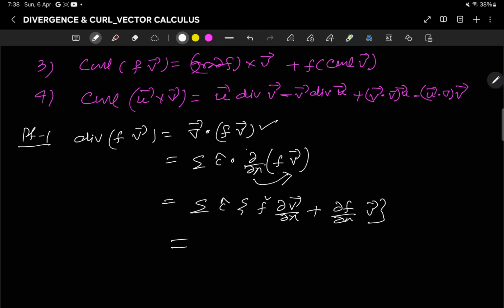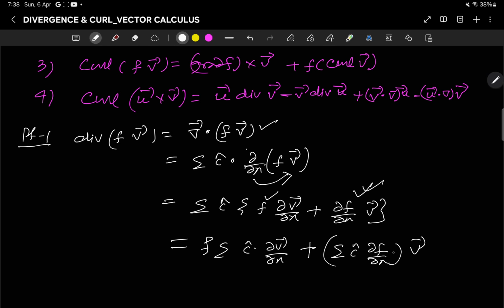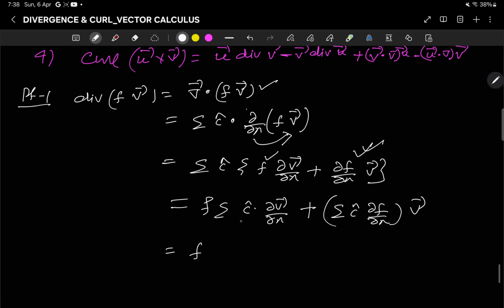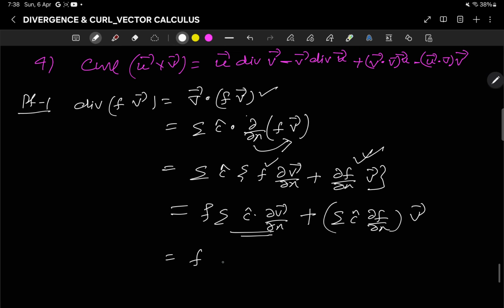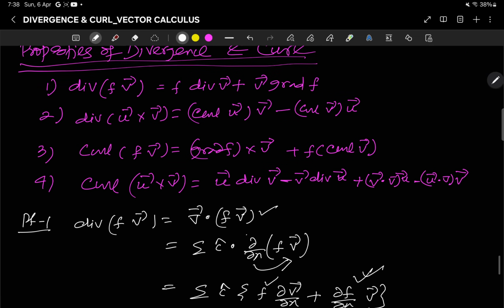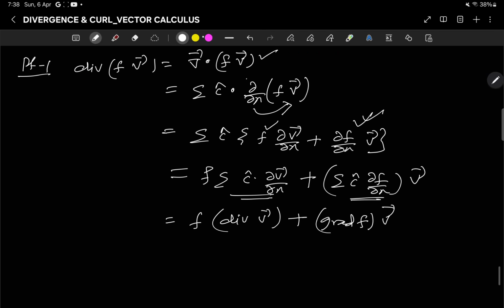Taking f outside, it is summation of i dot del v by del x, and plus summation of i del f by del x, taking v out. So this is equal to f, and this is your div v, plus it is your grad f, and this is v. So f div v plus v dot grad f. So this is proved.